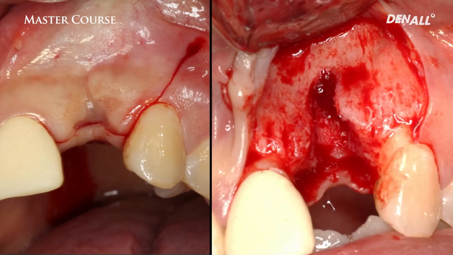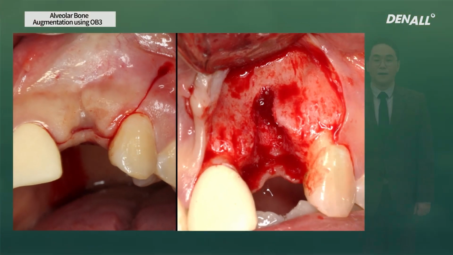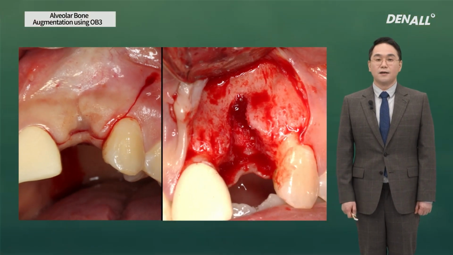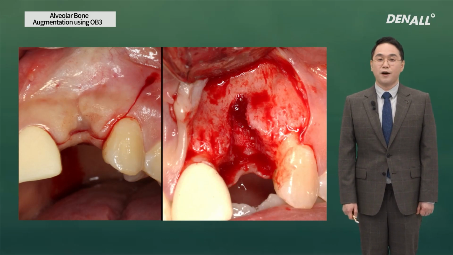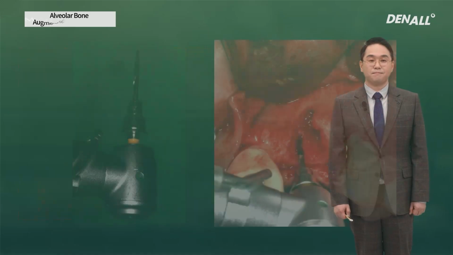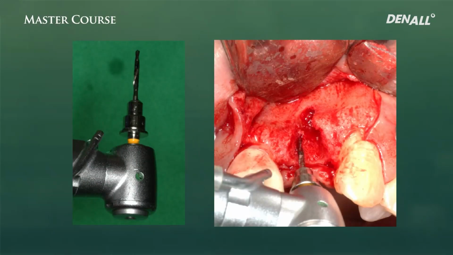The flap is opened, and in this patient, we could place an implant immediately, but the patient did not want it, so we decided to do bone regeneration first to make the contour. So we decided to place the tenting screw instead of an implant and use a Jawbuilder. In the Builder kit, you can see the drills exclusively for tenting screws.